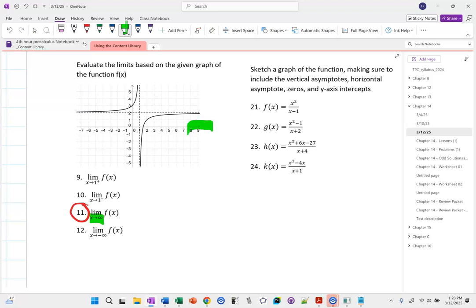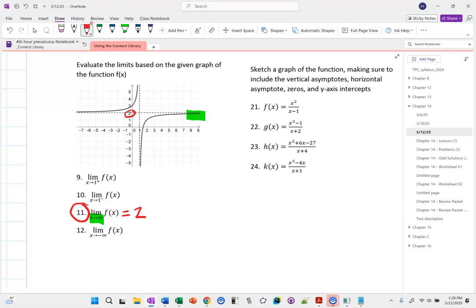X being positive infinity is talking about this end of the graph, so I'm looking at that part. The y value that is approaching appears to be 2. So I write the limit as x approaches positive infinity of f(x) equals 2.